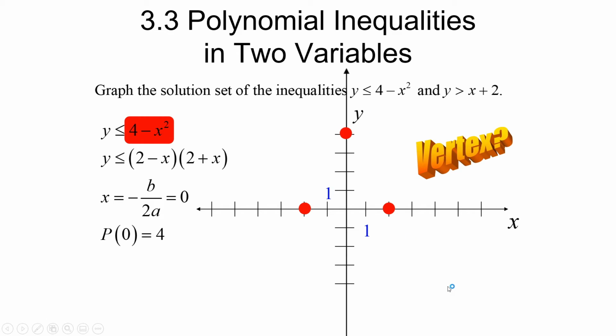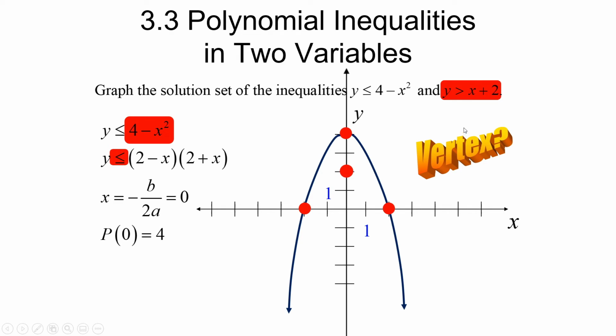Now, look at the less than or equal to. So the boundary line for this parabola would have to be a solid line. And there it is right there. Now, I'm not going to shade yet because I'm going to graph this inequality right here and then do the double shaded region. Okay, so y is greater than x plus 2. Well, let's graph the boundary line, which is a line with a y-intercept of 2 right there.